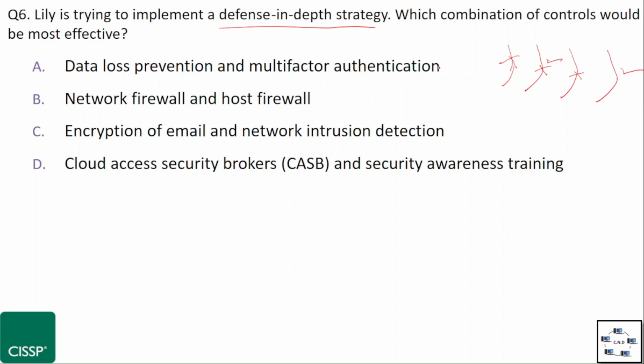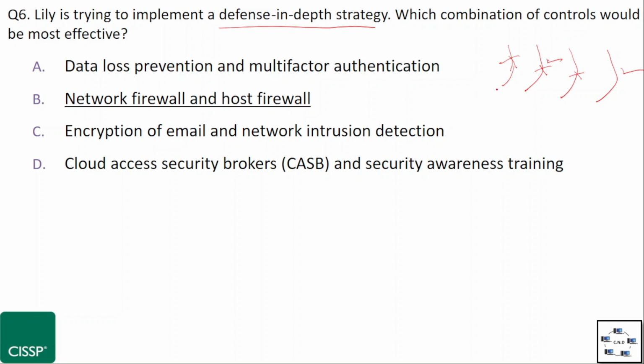The security controls at each layer may be the same but applied at different levels and at different layers. So the correct option here is the network firewall and the host firewall. The purpose of both these controls is the same, but they are implemented at different layers.